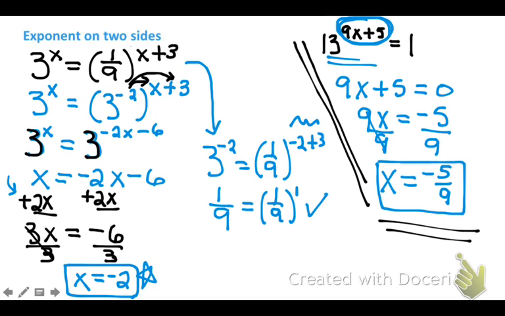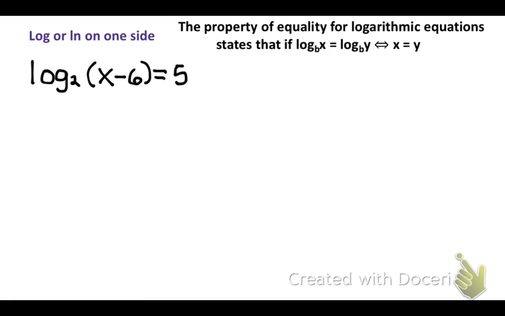Here we have a log, or you could have a natural log, on one side, and on the right-hand side I have the property, which is very similar to our exponential equation property. The first thing we need to do is change this to an exponent, because the x is part of the logarithm. So we're going to rewrite it.